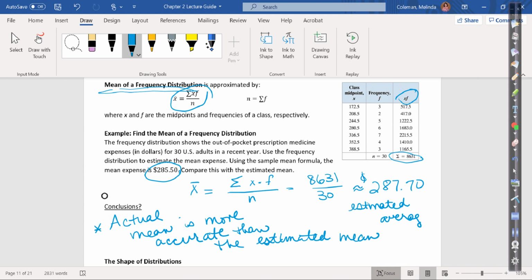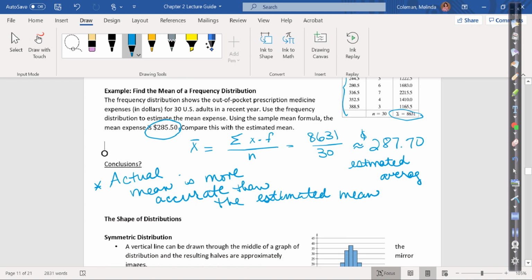And that's often the case, again, because this is an estimated piece. And the reason we know it's estimated, remember, is because you're looking at the midpoints of these classes. So they're not the exact number, but a midpoint. So it makes a difference.